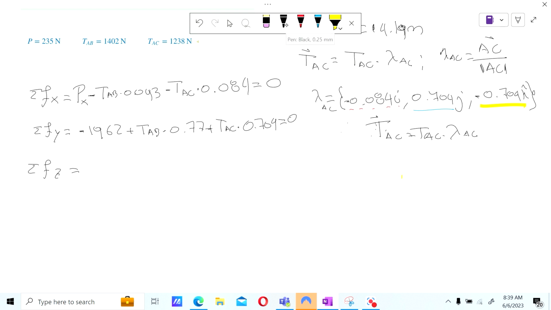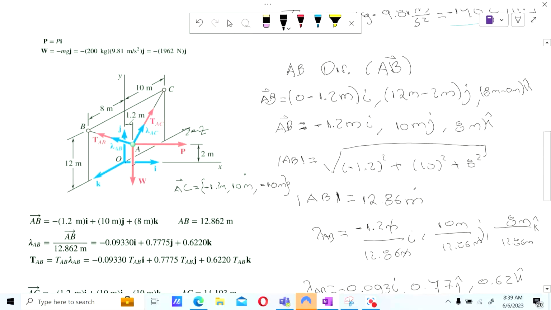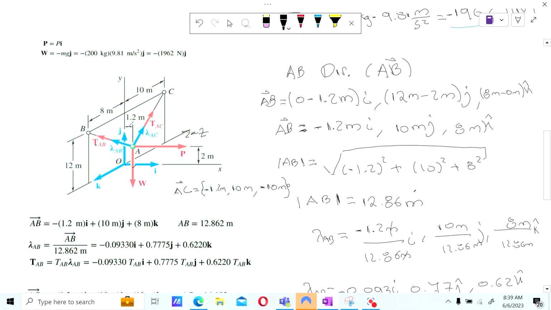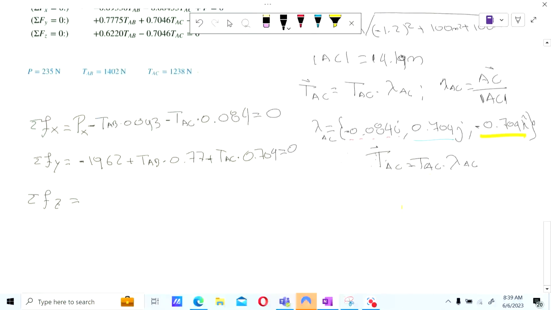Z is coming out, Z is this direction right here. So Z only has components for tensions AB and AC.